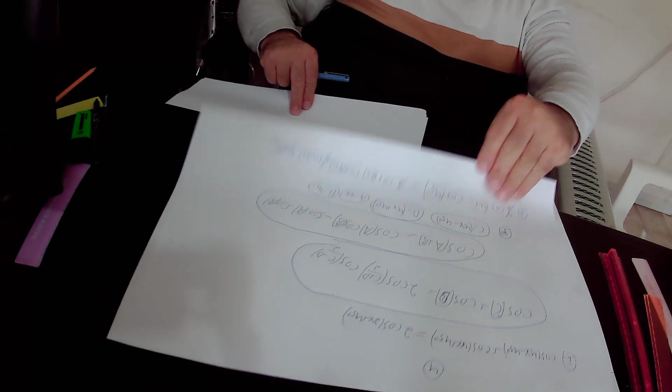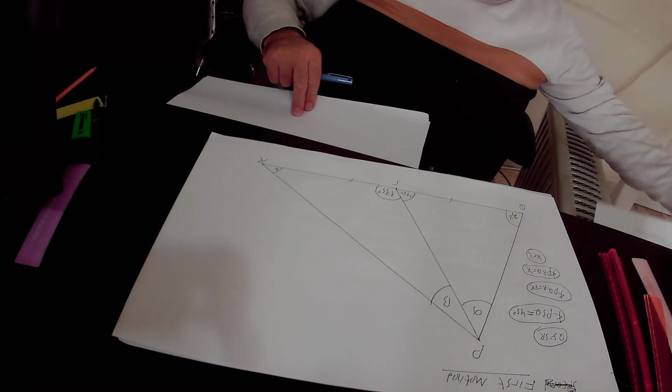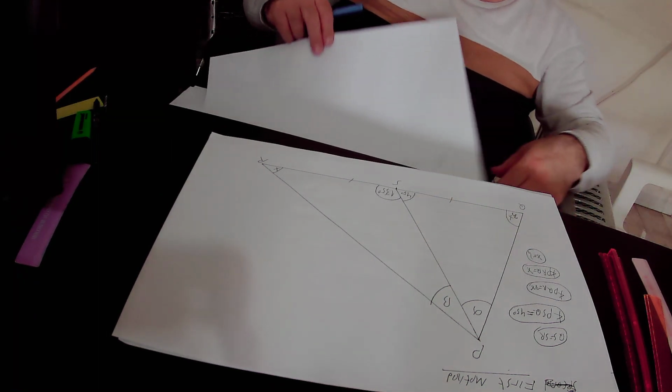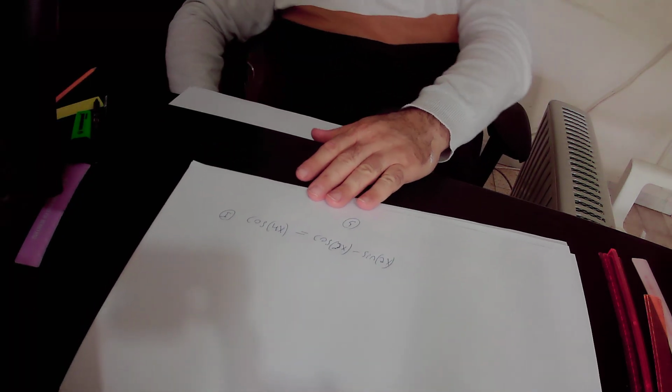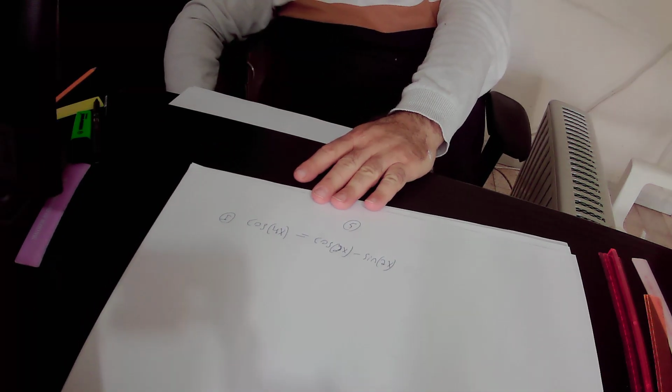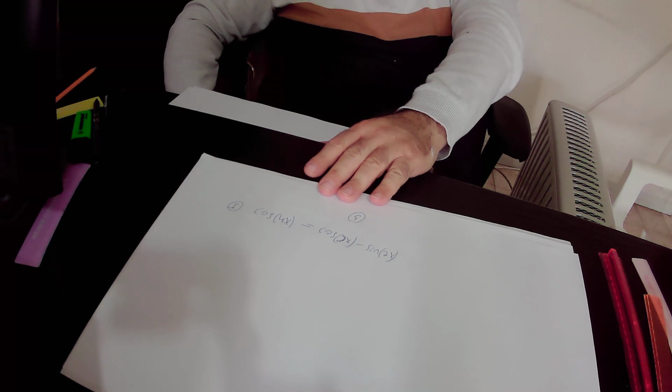Okay, we got that equation number 1 states that cosine 4x equals cosine 2x minus sine 2x. We will add sine 2x to this equation, and then we will subtract cosine 4x.